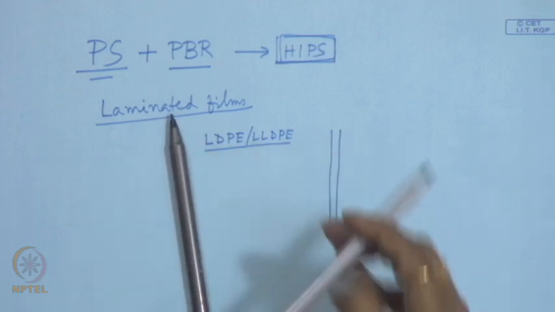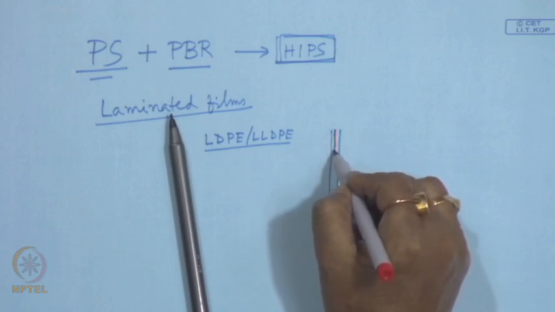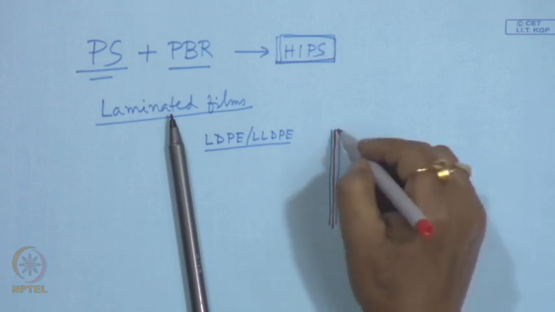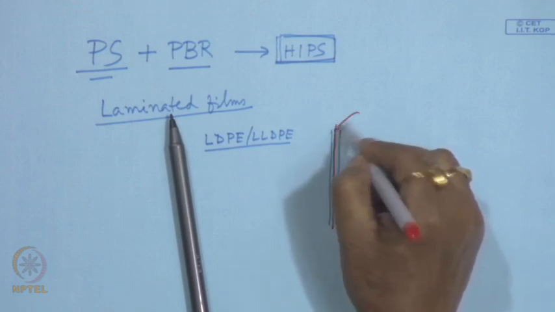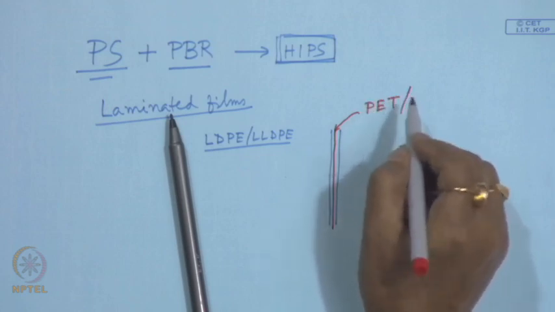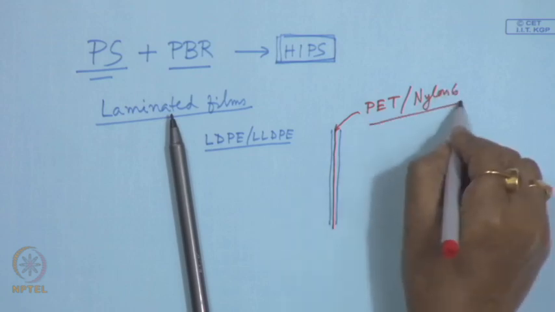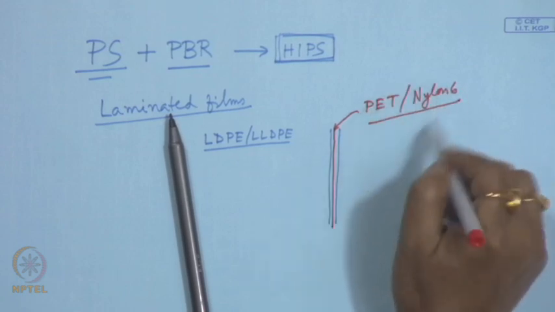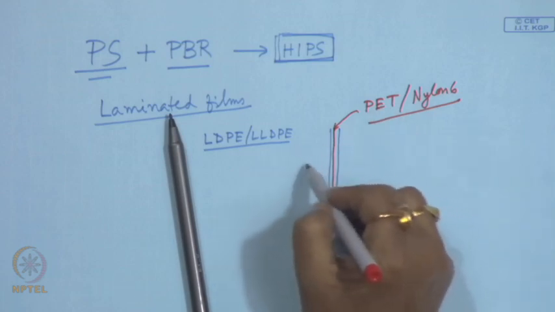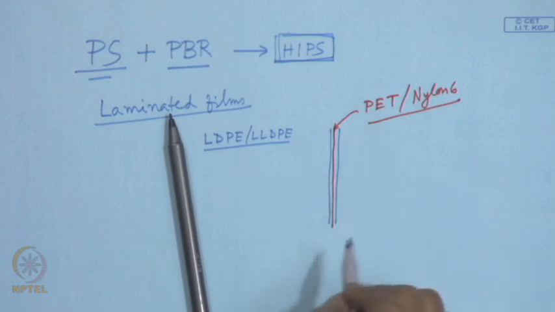Within these two outer layers, there is a third film. This third film is either polyethylene terephthalate or nylon 6. So, this helps in developing the barrier properties in between the LDPE-LLDPE blend. So, this is a laminated film.